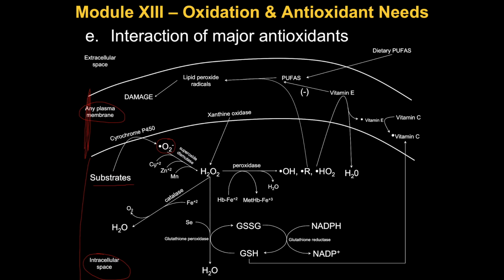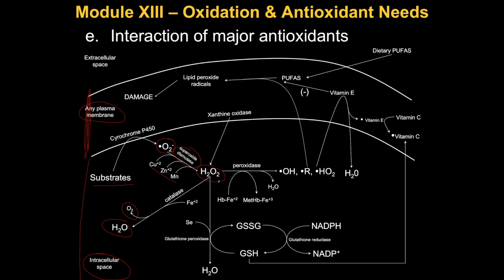And then minerals that are available here to help superoxide dismutase then can convert that free radical into hydrogen peroxide. That hydrogen peroxide then can, via catalase and a little bit of iron here, be converted into water and release oxygen to relieve the body of some hydrogen peroxide.